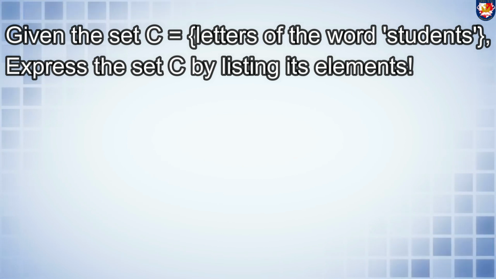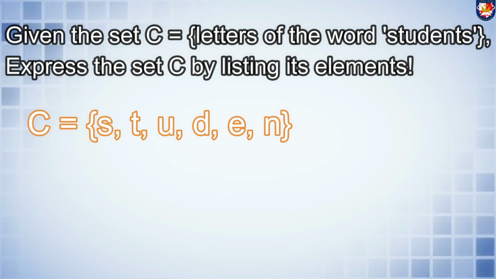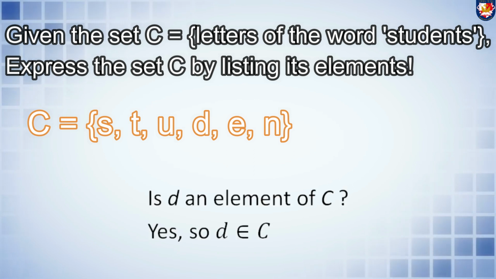As you can see, the elements that construct student are S, T, U, D, E, and N. So, is D an element of C? Yes, because D is included in C. So yes, D is an element of C. You can denote it like this on the slide.